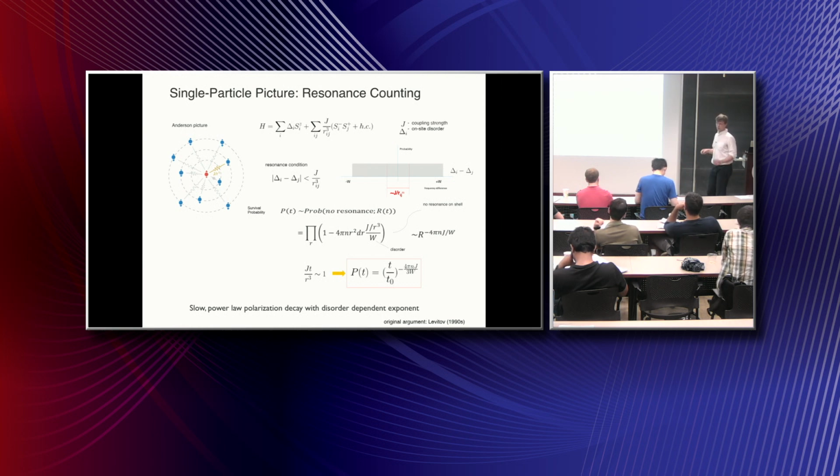And of course, one important component is whether the shifts are static or time dependent. This would make a big difference. To a leading order, the nuclear spins evolve very slowly, so the shifts will be static. But of course, in the long time, there will be some dynamics, and this will modify this picture also.